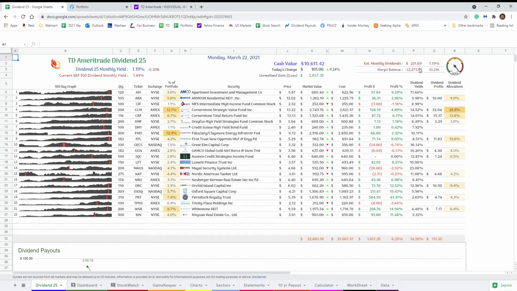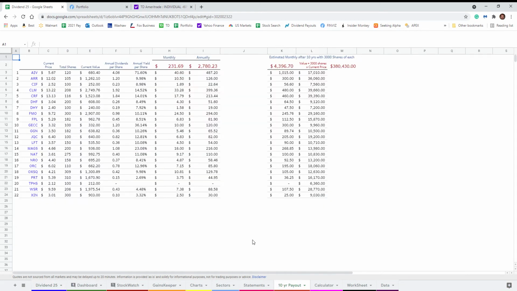So, we want to get to 4,000, right? So here we go. I'm going to go down here and show a 10-year payout plan based on what I currently have. If 231 per month is what I currently have, that means annually I'm doing about 2,780. Over my 10-year span, I should get 4,396.70.